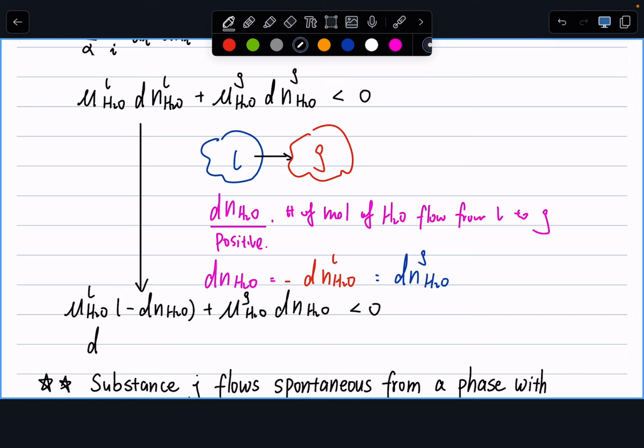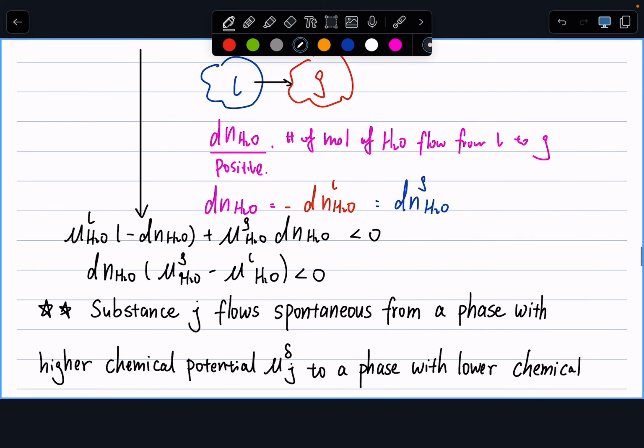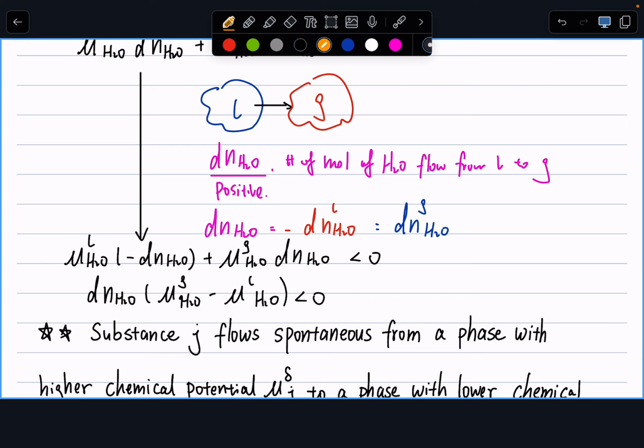Simplifying, we take dnH2O out and get mu H2O gas minus mu H2O liquid smaller than 0. Put the other way, my mu H2O liquid must be larger than my mu H2O gas.